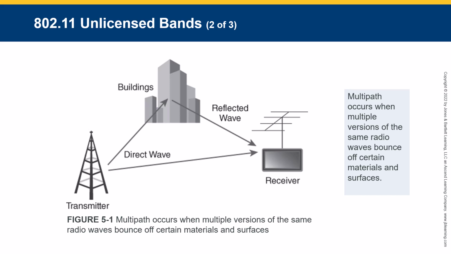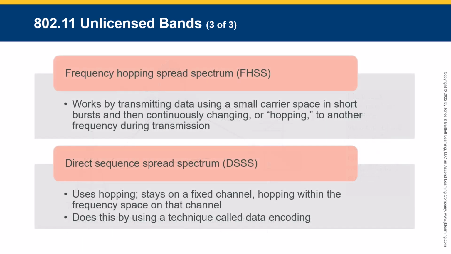We also said that some of them are dealing with different access to how they put the data on the spectrum. So here are two examples: frequency hopping spread spectrum and direct sequence spread spectrum. This is basically the multiplexing of the wireless signal.